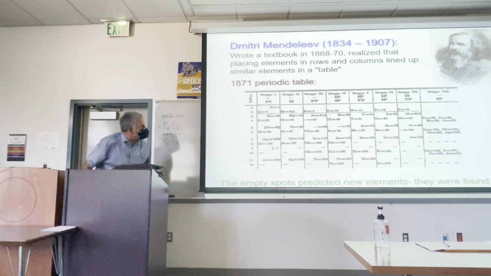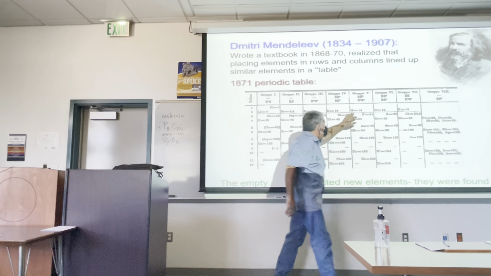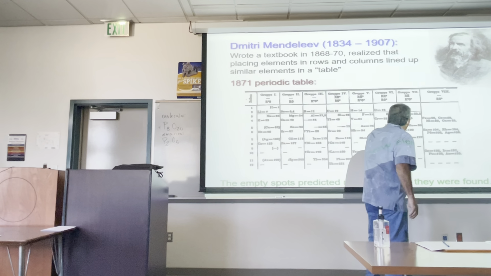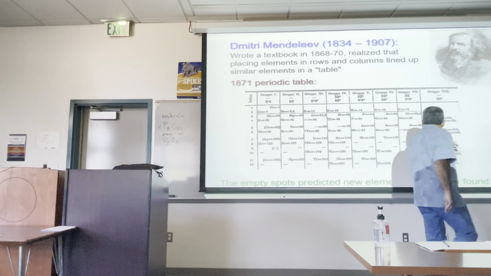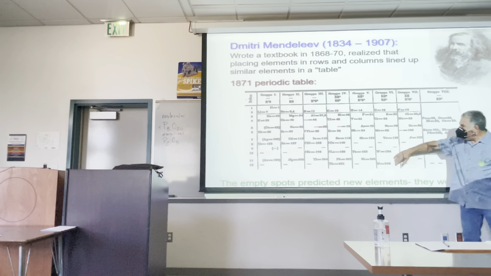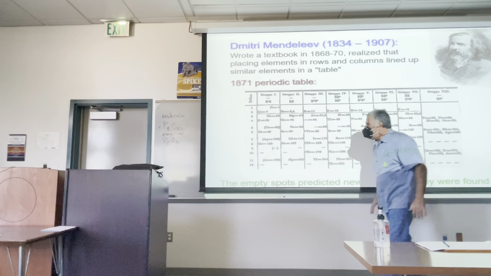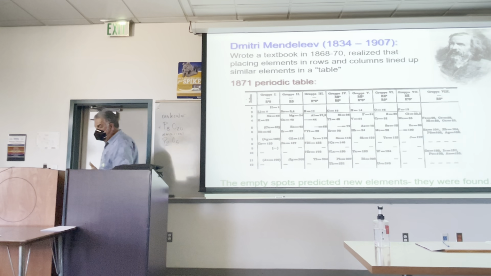And you'll see, like so, here's some helium, lithium, beryllium, boron, carbon, nitrogen, oxygen, fluorine, and then spaces, like all these spaces in here. And he predicted that there should be elements there, and there weren't.